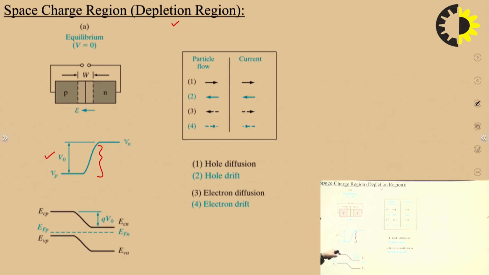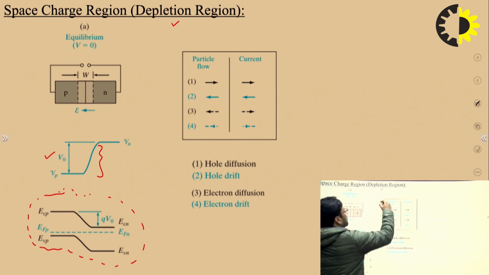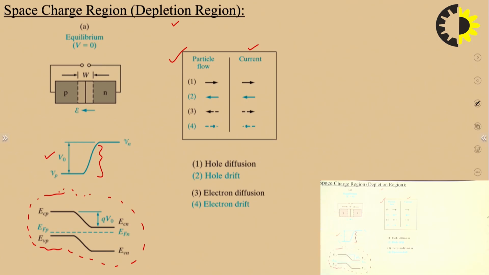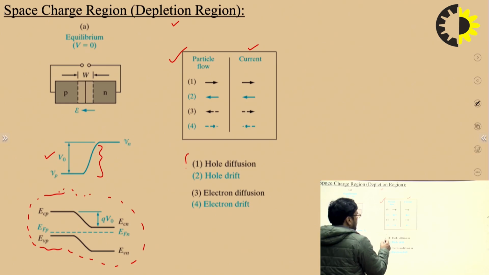So this is the energy level diagram of the PN junction diode, as we already studied in the last slide. Here we have an aligned Fermi level, and this is the particle flow direction, and this is the current direction we have in the case of the PN junction diode. Because it is at equilibrium condition, the resultant current is 0.